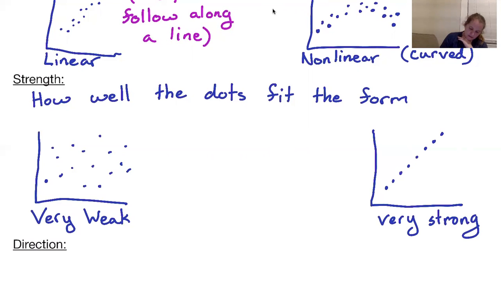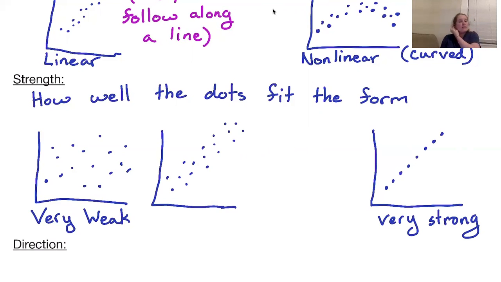And then we have sort of in the middle, here, it's not a precise line by any means. We've got some width to that band, but it's very clear what the pattern is and that it's kind of following around a line.